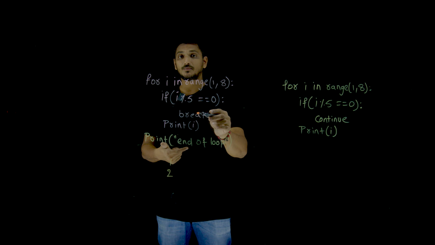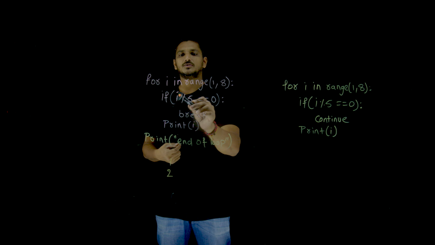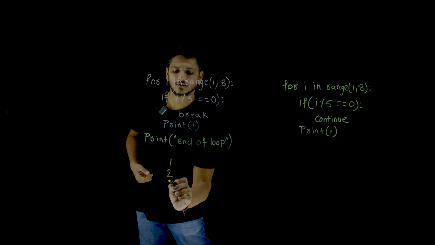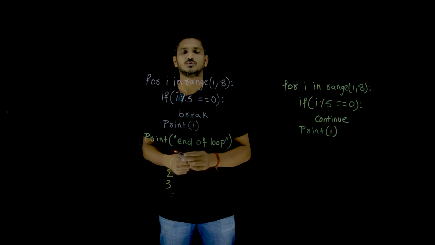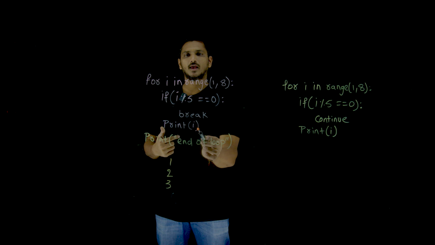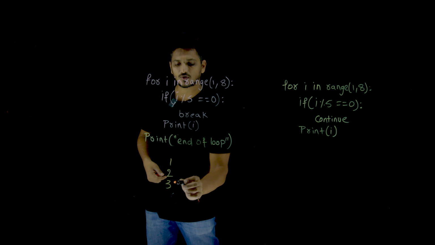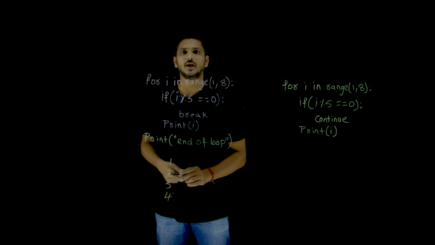Don't go inside the if statement because the condition is false. Next, i is equal to 3. 3 modulus 5 is not equal to 0, so come out of the if condition, print i. Next, i is equal to 4. 4 modulus 5 is not equal to 0. Again 4 is going to be displayed.